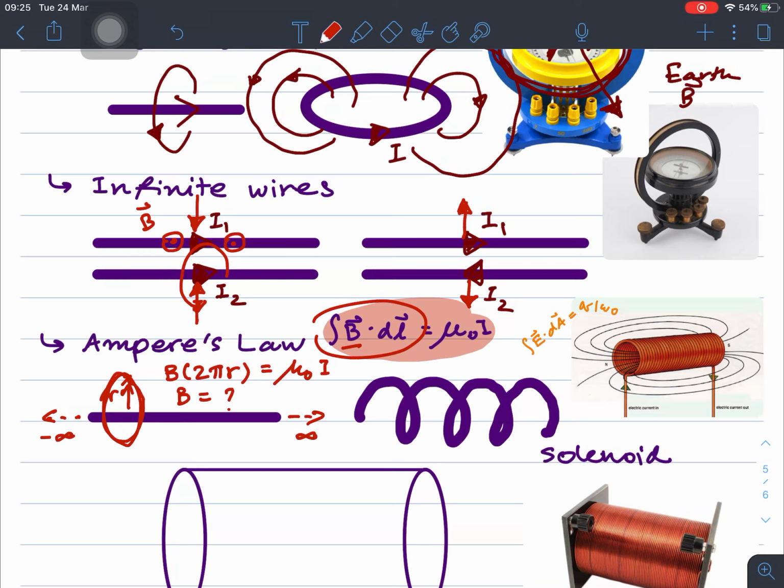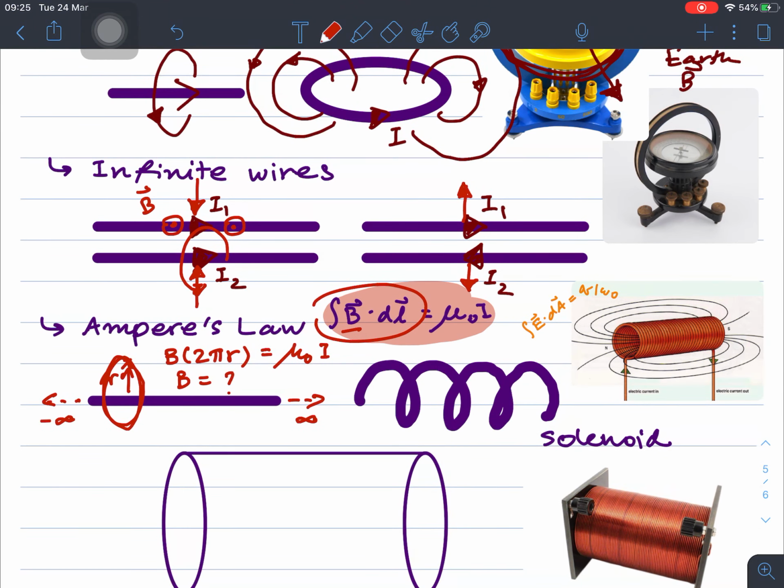And then for another case, the solenoid. The solenoid is a coil of electrically conductive wire like copper, and we make the coil into a cylindrical shape.